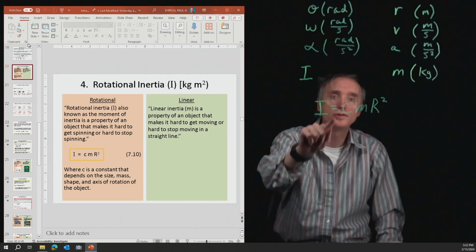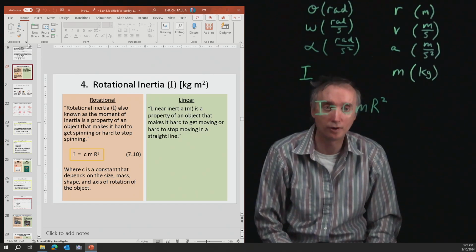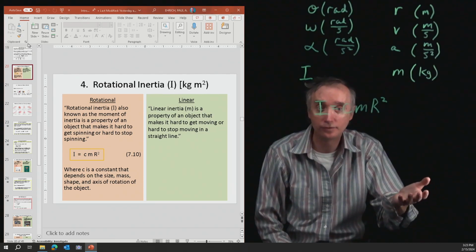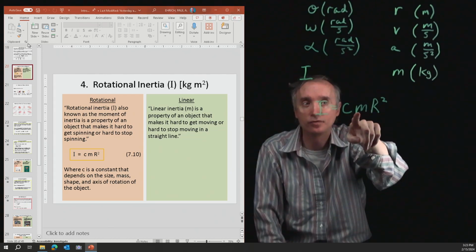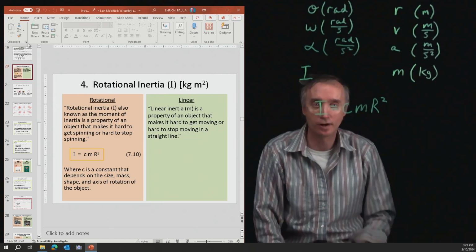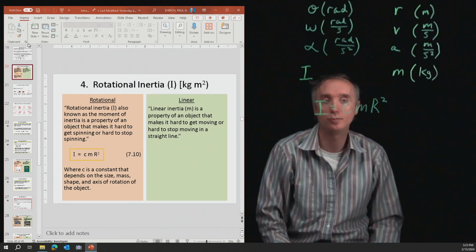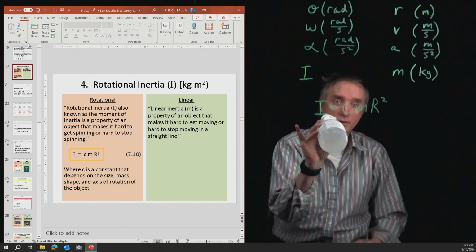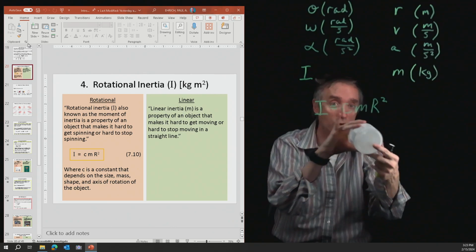And then you also have the C thing. Okay, this is a number. So it's like 1, 2, 1/2. So it's always going to be some number that comes in front of the M and the R squared. So this is going to take into account the shape. So is it going to be a sphere, or in this case it's more like a cylinder that you're going to roll?